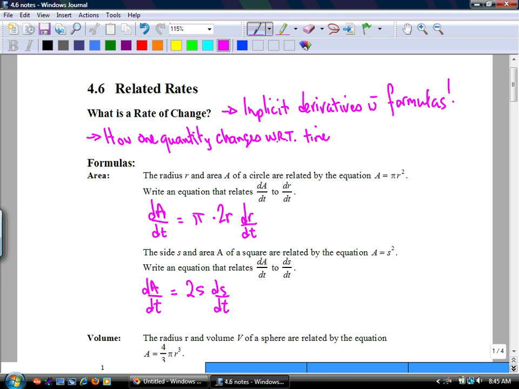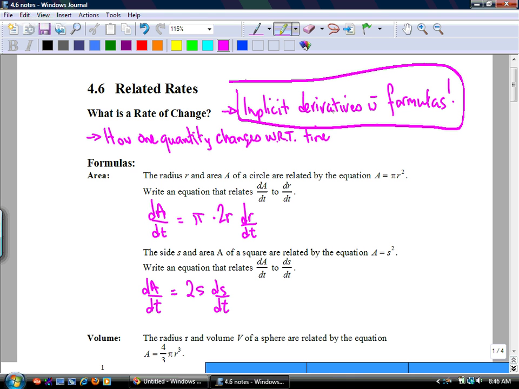Don't forget the implicit derivatives. It's not just 2s anymore. It's because the side length is changing with respect to time.